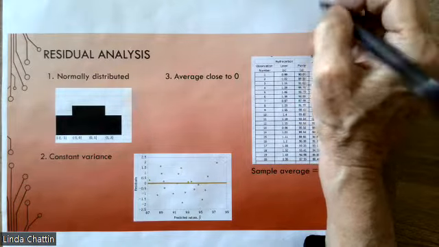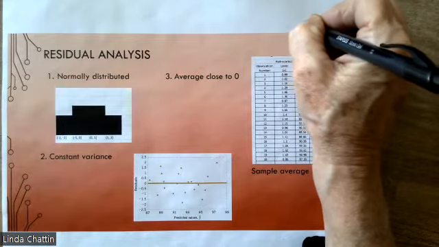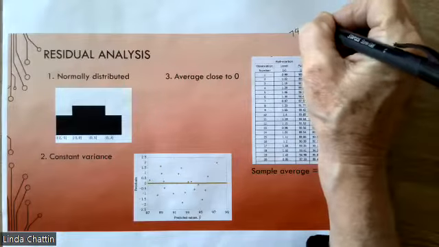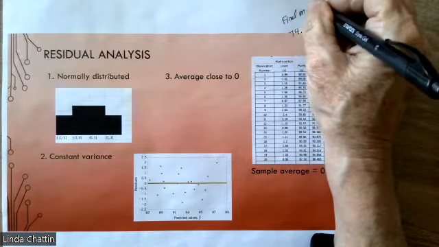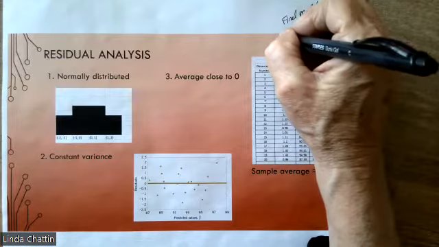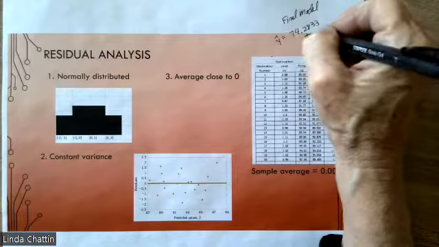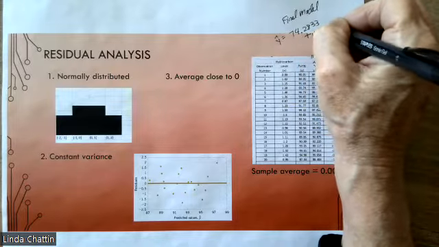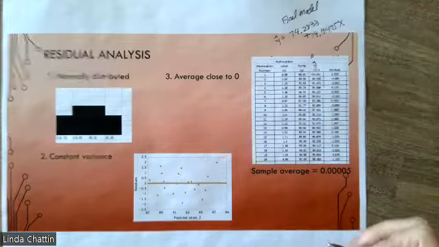The final model said that Y hat is equal to 74.2833, remember, this is the final model, plus the slope 14.9475 X, and that generates this column here.